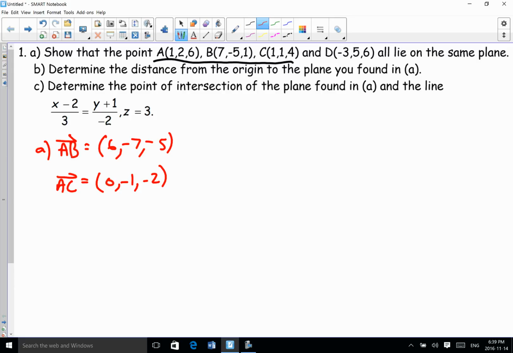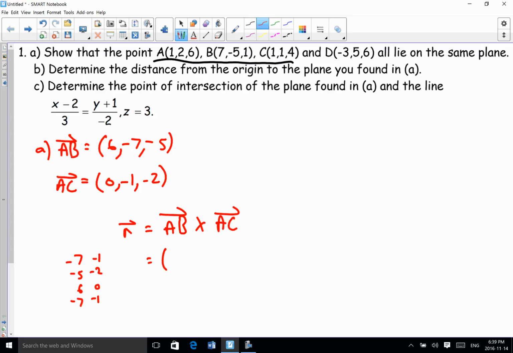If we want to check if a point lies on a plane, one of the easy forms to do that in is our Cartesian form. So it helps if we get our normal, which is made up of AB cross AC. So vertical direction, -7, -5, 6, -7, and -1, -2, 0, -1.